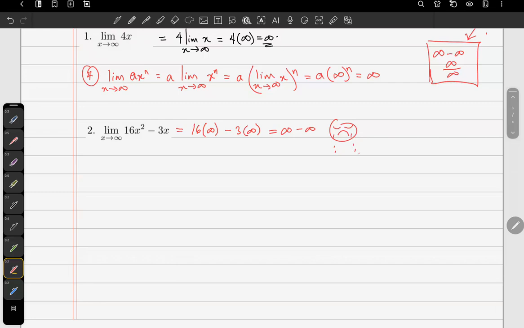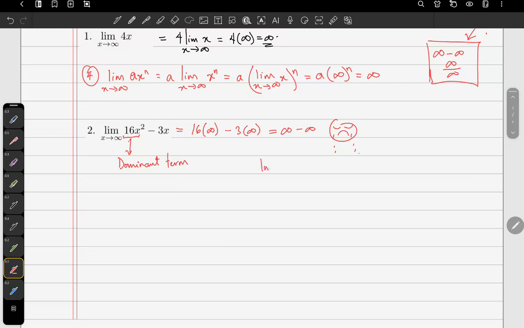Okay, actually there is a way we could have seen the answer to this, thinking about dominant behaviors of a function. When you look at 16x squared minus 3x, this 16x squared is the dominant term. Dominant because it goes to infinity faster than 3x. So what is the hierarchy of dominance?